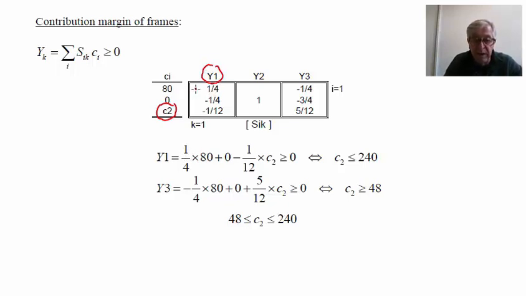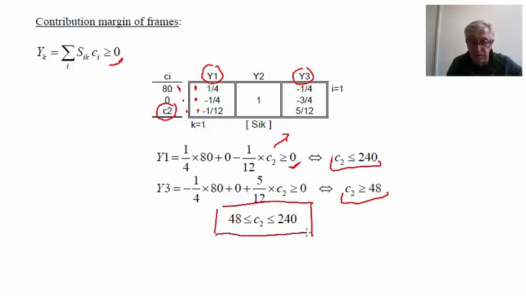So we multiply these coefficients and obtain this result, and we must impose that shadow price number 1 should remain positive. Solving this in order to C2, we get this condition. And now, considering shadow price number 3, we have this expression from which we obtain this result. So this is the range of C2.